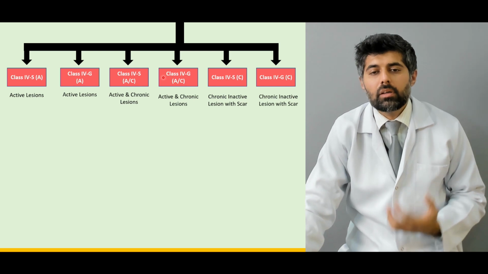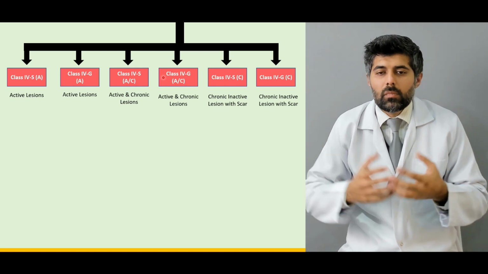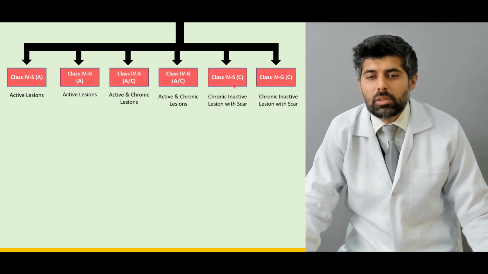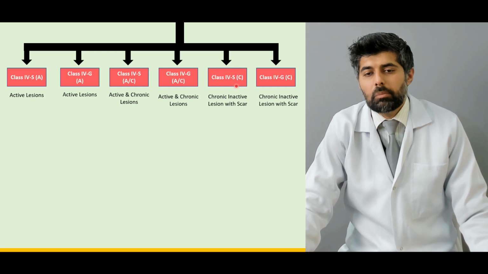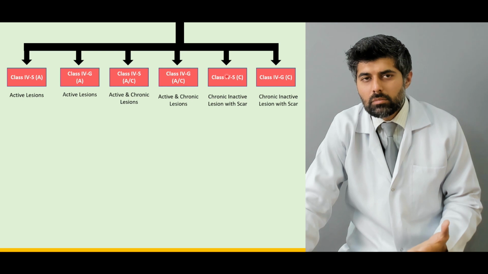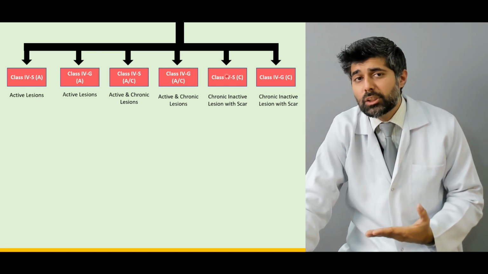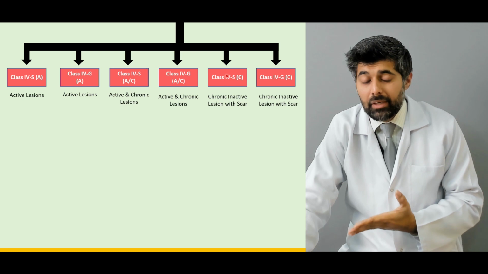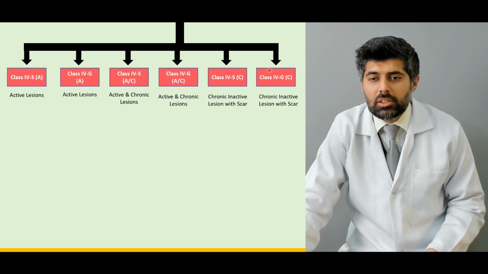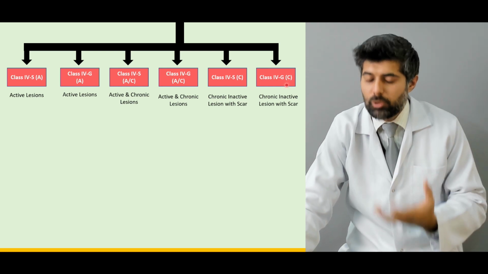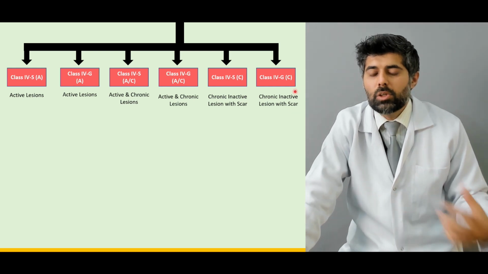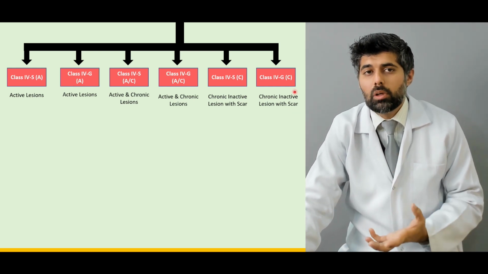The next pair is the chronic inactive one. In this one, there is chronic segmental lesion, chronic scarring. There are no active lesions. There is segmental sclerosing nephritis. And in class 4G with chronic, we have the chronic inactive lesion with scar, but this is global.